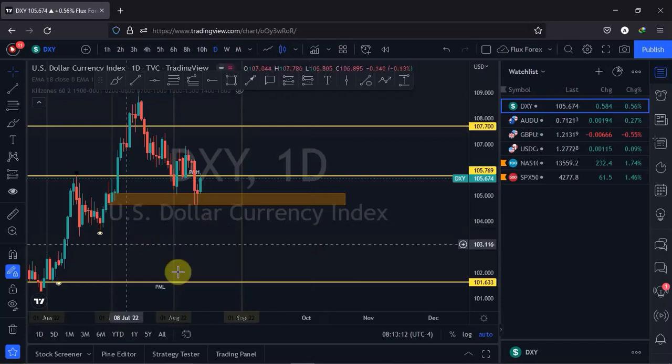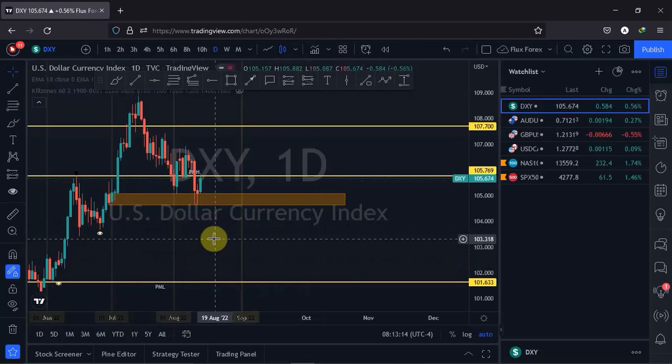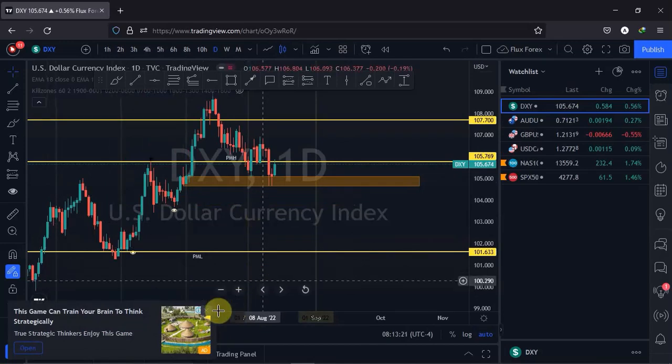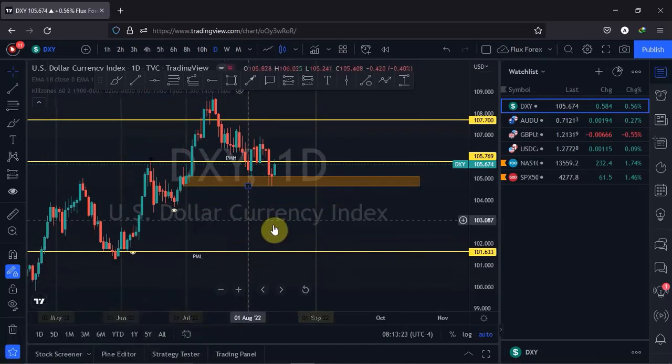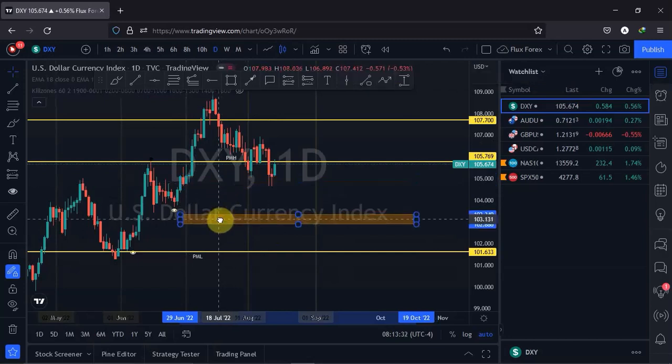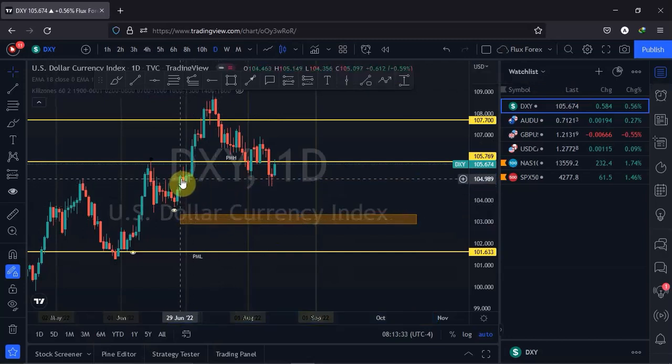From what I'm seeing here, I don't see the dollar index moving to the downside anytime soon, because look at what happened here. This bearish candle you are seeing here has been so strong.